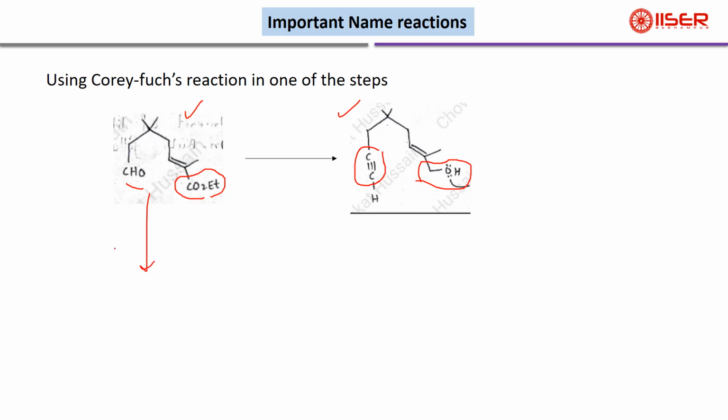So we perform the Corey-Fuchs reaction on it using CBr4 and PPh3, and in the next step we use butyl lithium and water. It will give us the alkyne.